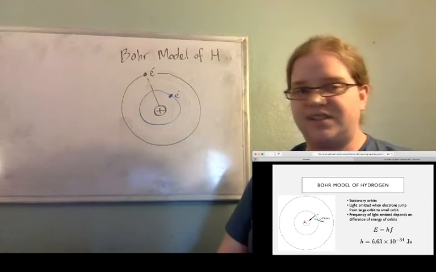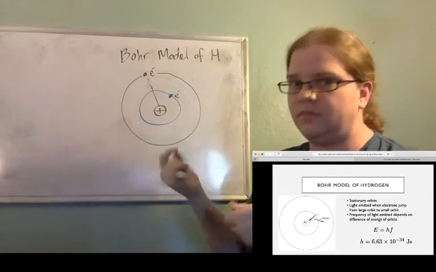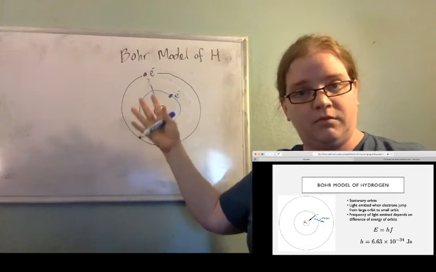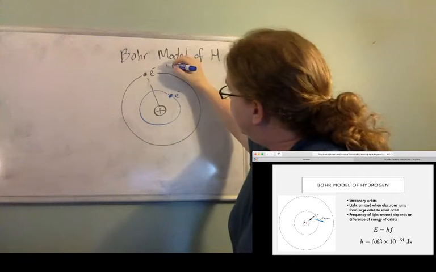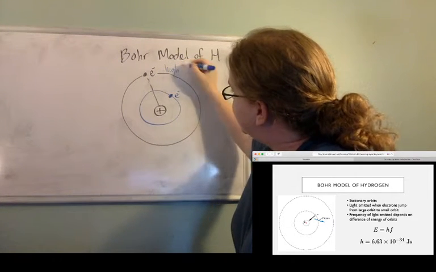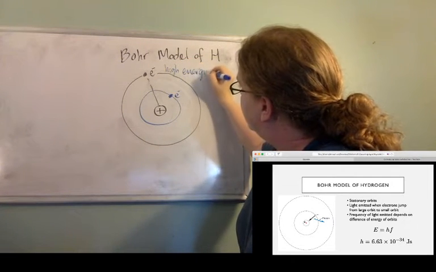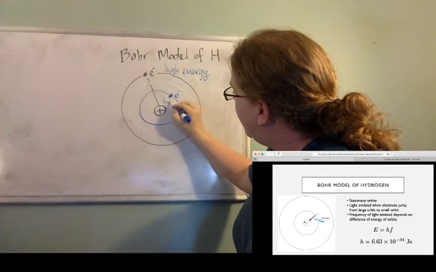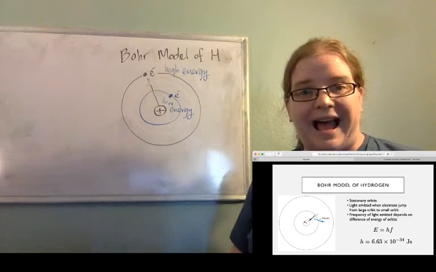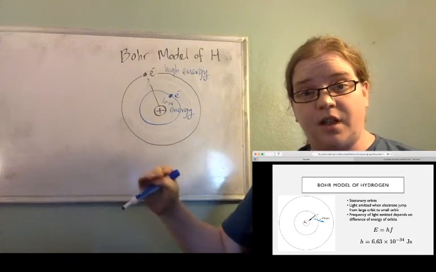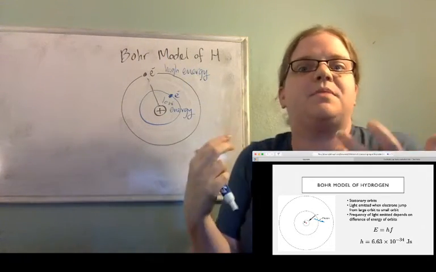So if it starts up here, as these layers get bigger, they have higher energy. So this is going to be my high energy. And down here, this would be low energy. And so as I transition from high to low, think potential energy.